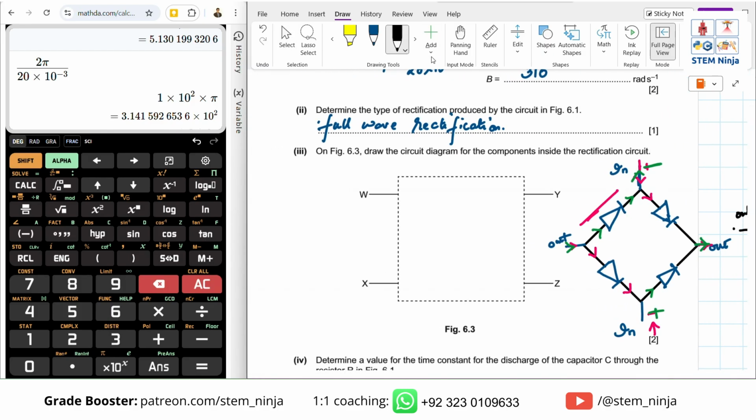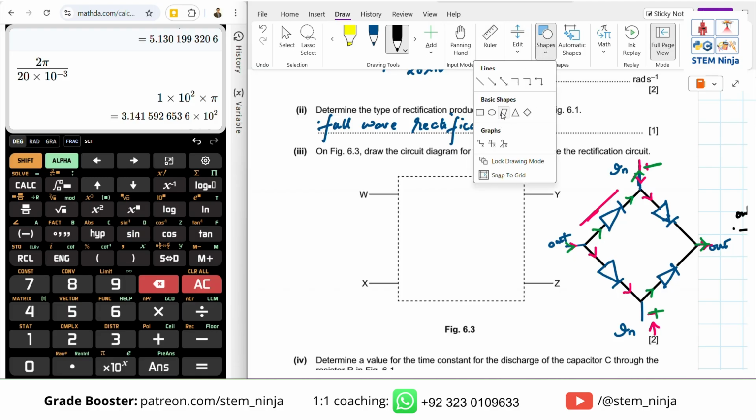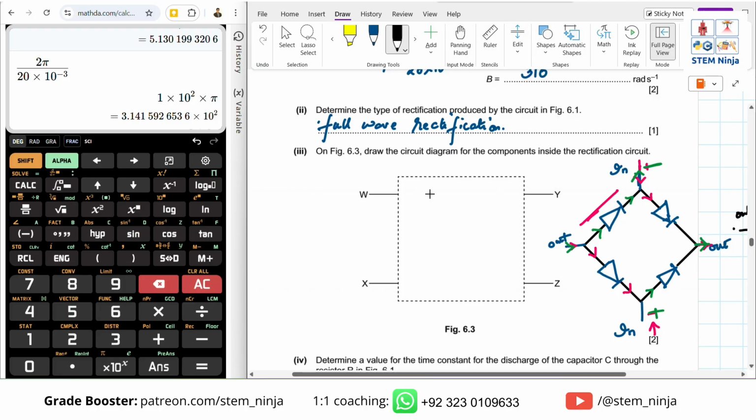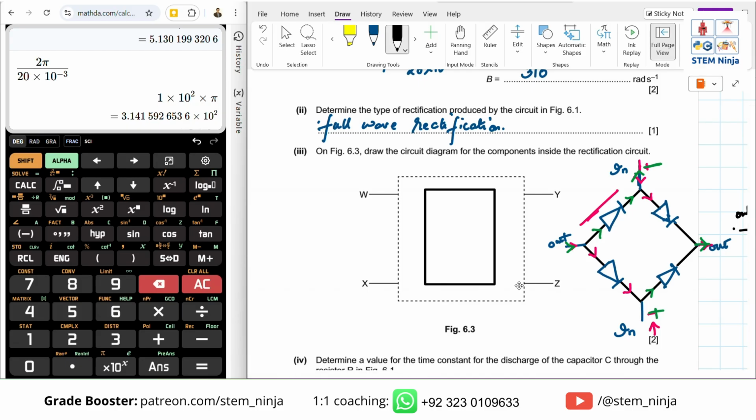So for example, if we make this way, okay, and for that you can even rotate this upwards also, this way also.